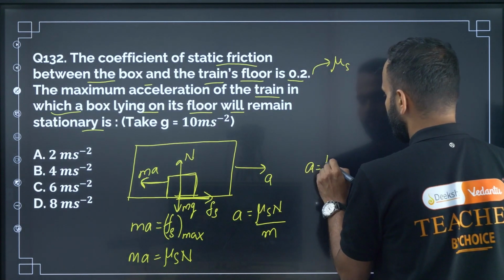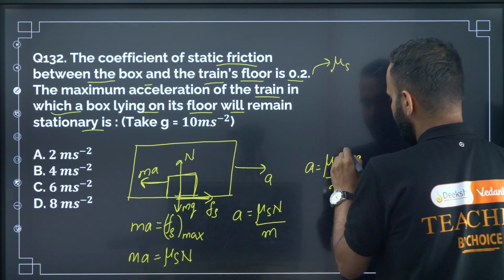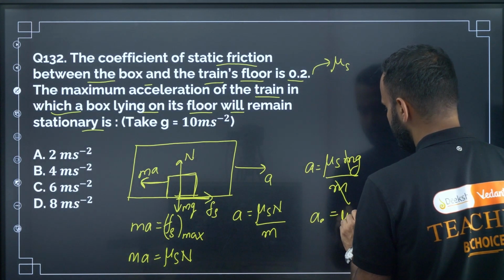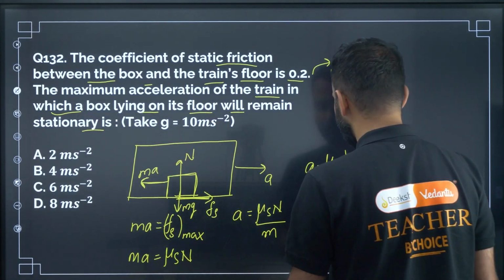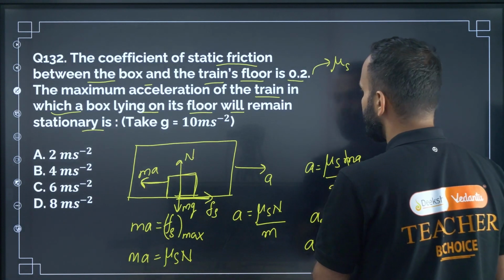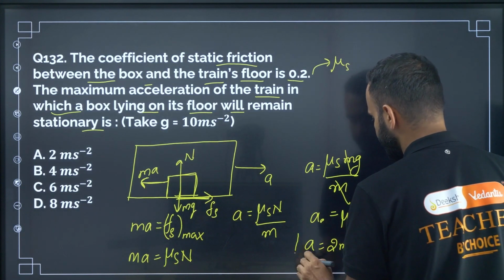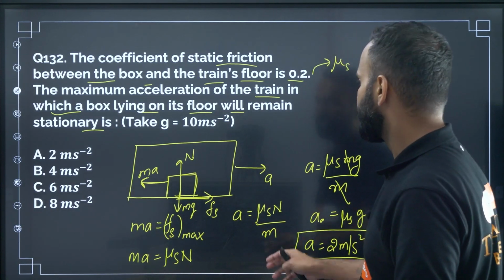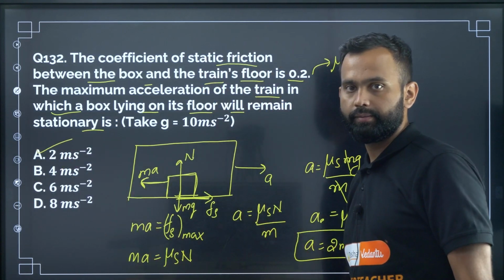So a equal to mu s into mg divided by m. m will get cancelled, so a is equal to mu s into g. g is 10 meters per second squared and mu s is 0.2, so 0.2 into 10 is 2, that is 2 meters per second squared. This is the maximum acceleration of the train in which the box lying on its floor will remain stationary. So option A is the correct answer.